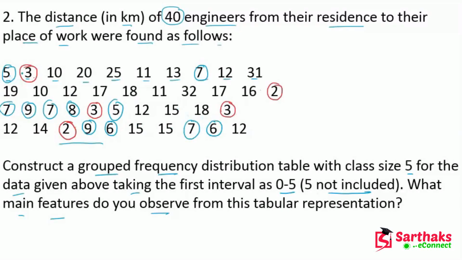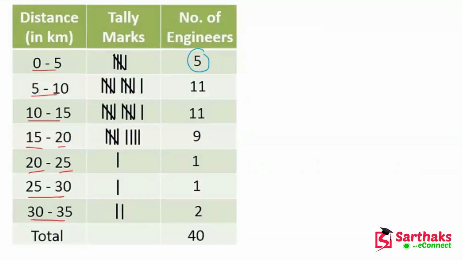So how many? 1, 2, 3, 4, 5, 6, 7, 8, 9, 10, 11. There are a total of 11 engineers in the range of 5 to 10.